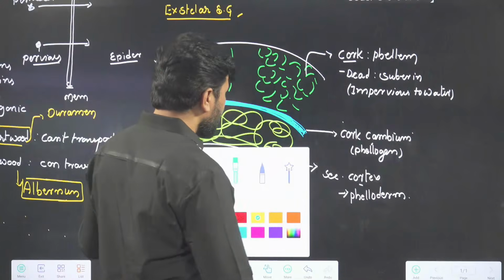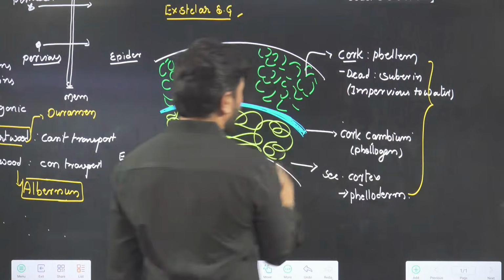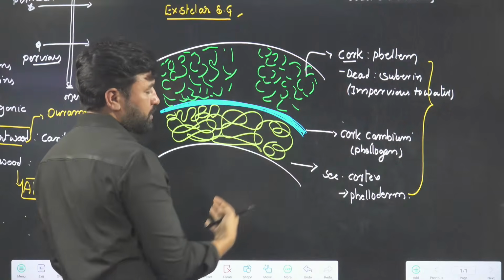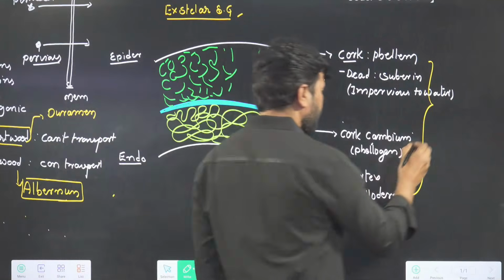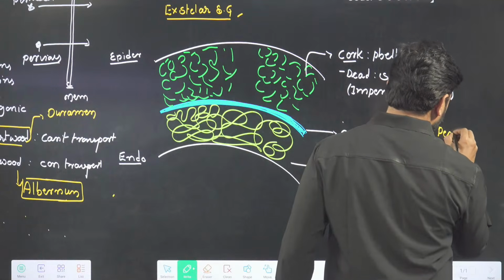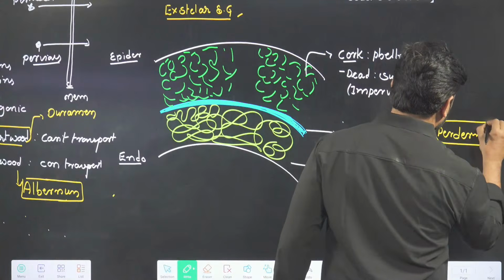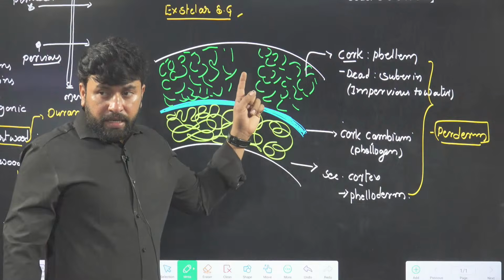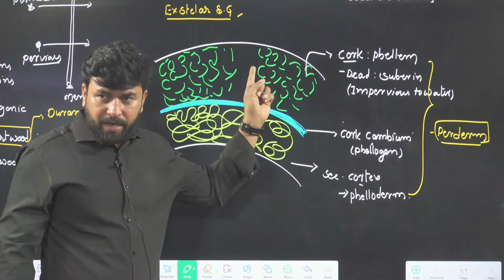Now all these layers, cork, cork cambium, and secondary cortex, are collectively considered as periderm. The word periderm: secondary cortex, cork cambium, as well as cork cells.